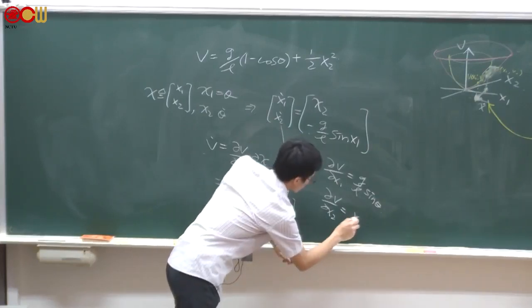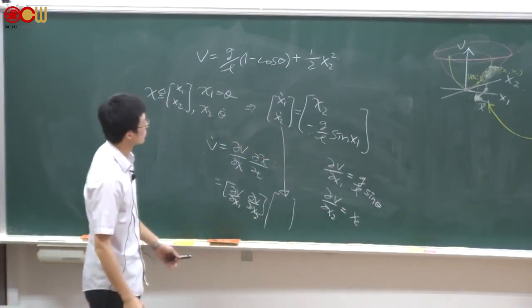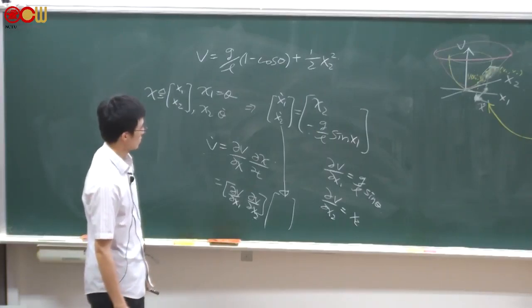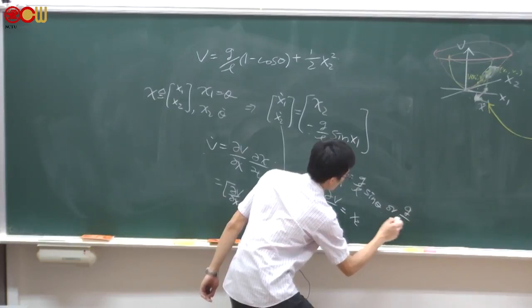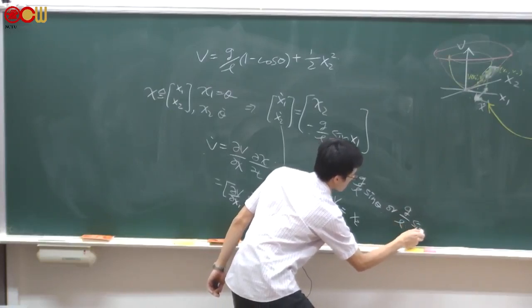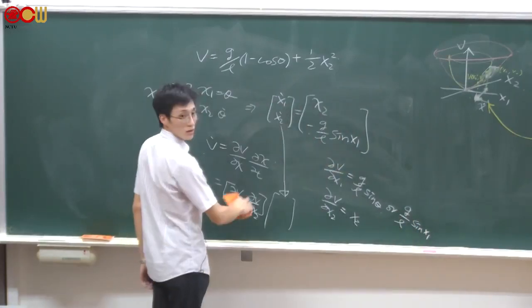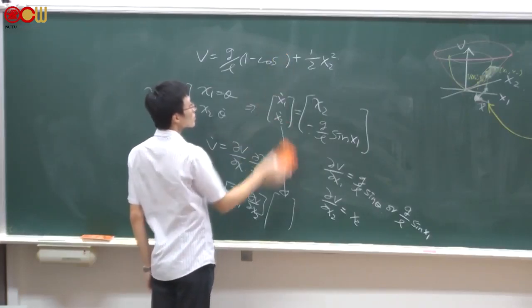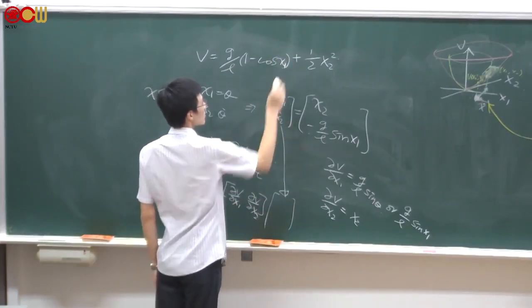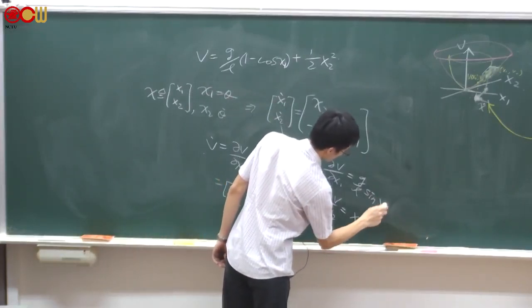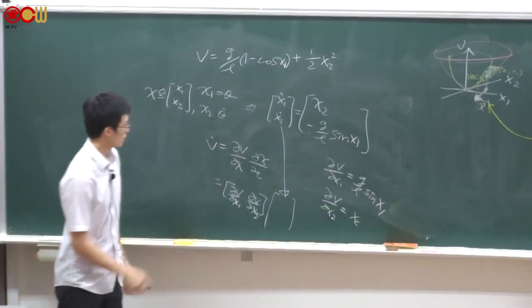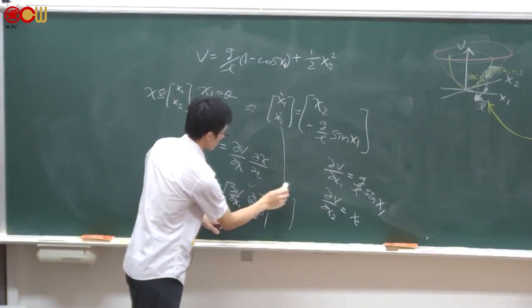And this is x2. Or g over L sin x1. Maybe I'll just change it to x1, to make the whole process simpler. So this is known.